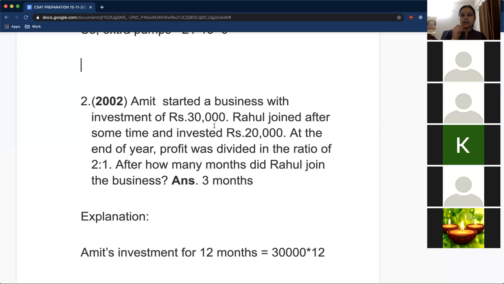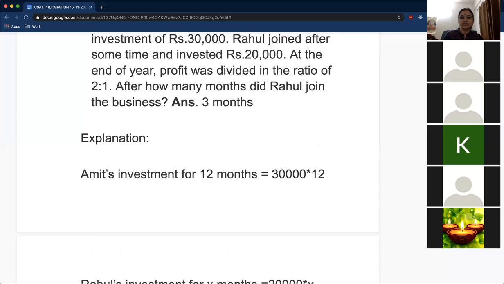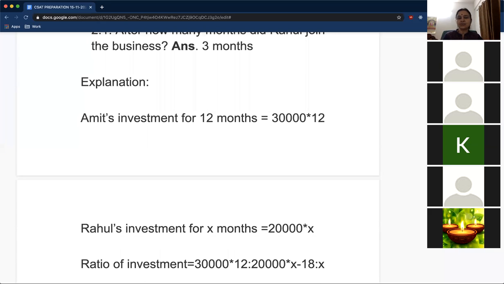So their investments will be 30,000 into 12, because Amit started and for the complete year he has invested 30,000 every month. Whereas Rahul, the number of months he has invested, let it be X. So 20,000 into X will be Rahul's investment.